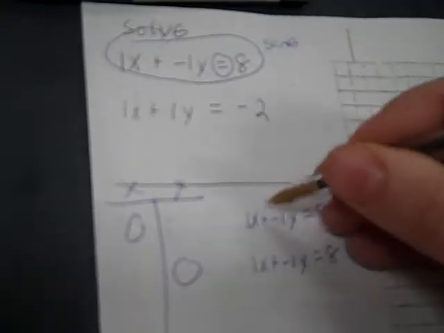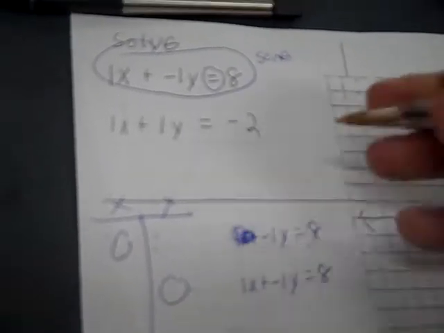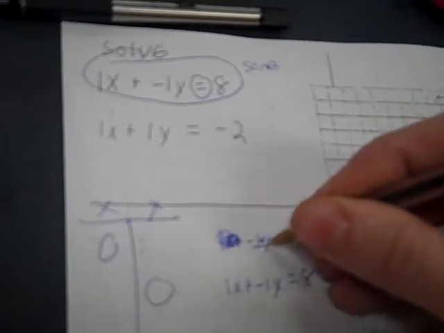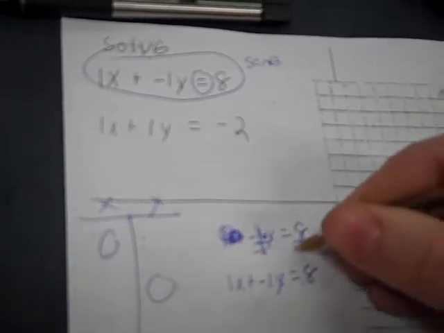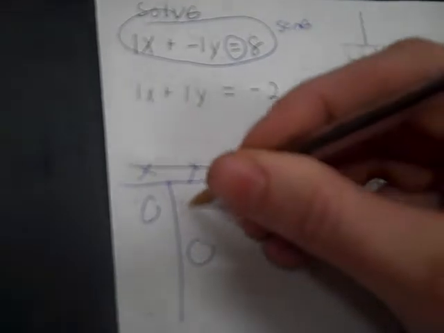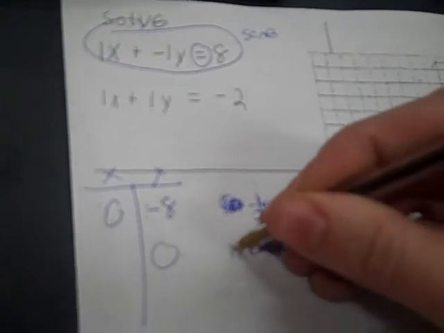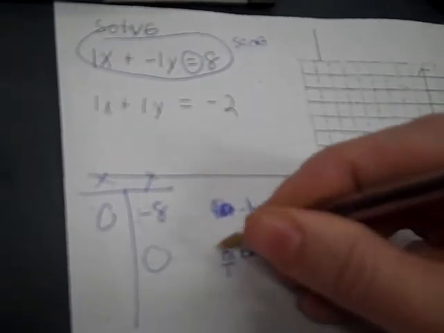So if x is 0, we can cross x out and then divide. And that's -8. If y is 0, we can cross y out, and then I divide by 1, and that's 8. Okay? So sideways I stay, and I go right.